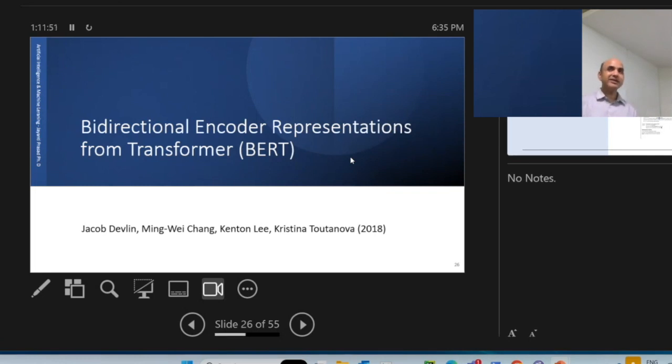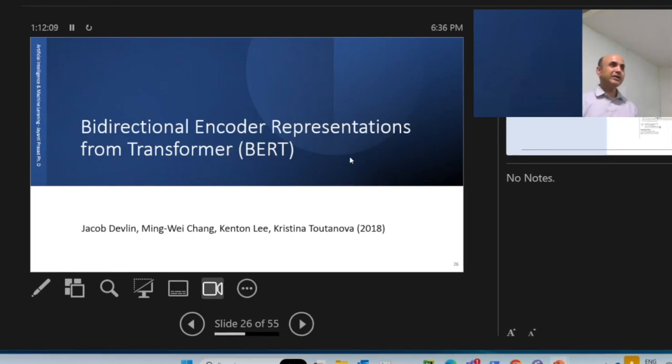And second, this BERT model is self-supervised. I will explain what that means. And it was bidirectional, like bidirectional LSTM, left to right, right to left. So it gave many advantages.